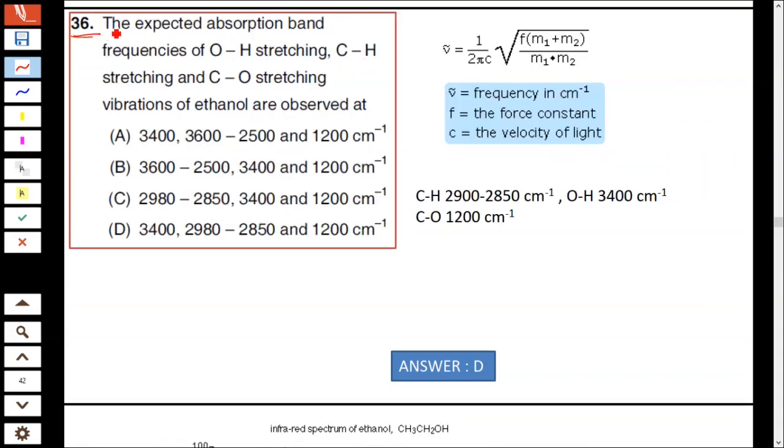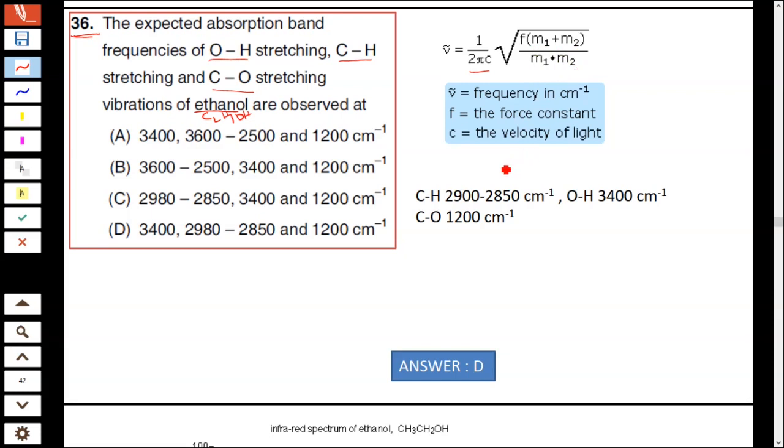Question number 36. The expected absorption band frequencies of OH stretching, CH stretching and CO stretching vibrations for ethanol, C2H5OH, are observed at. Now the formula: frequency equals 1 by 2 pi c into the square root of force constant into M1 plus M2 divided by M1 into M2.